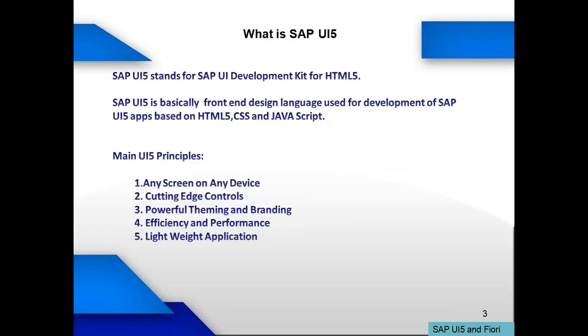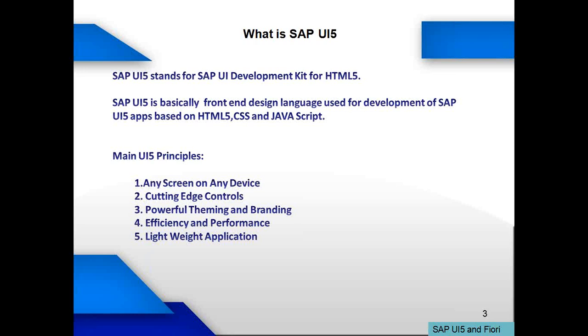So what is SAP UI5? SAP UI5 stands for SAP UI Development Kit for HTML5. UI stands for user interface, and 5 is derived from HTML5. Actually, SAP wanted to build a layer on top of the HTML5 library.